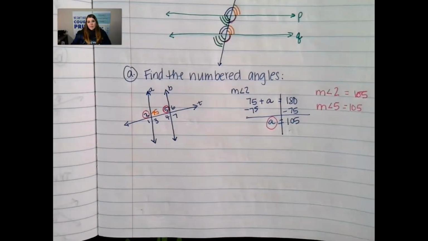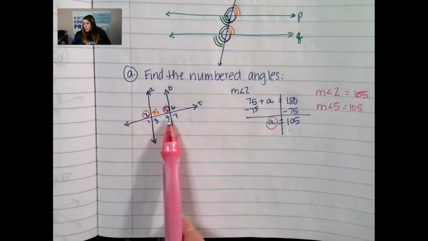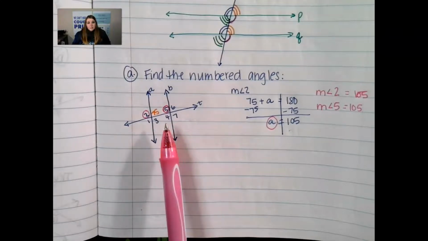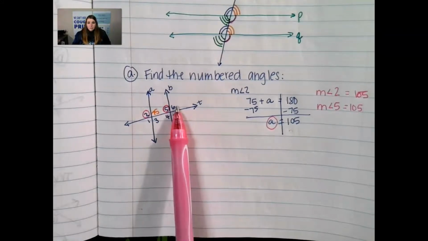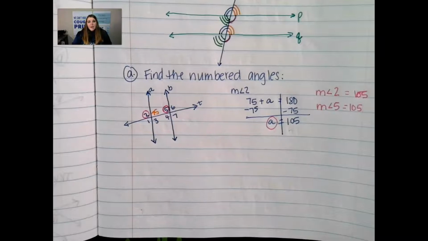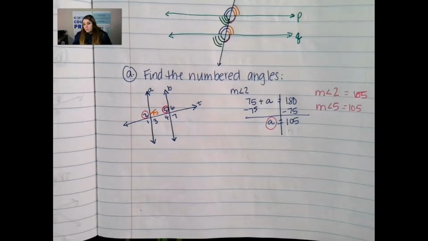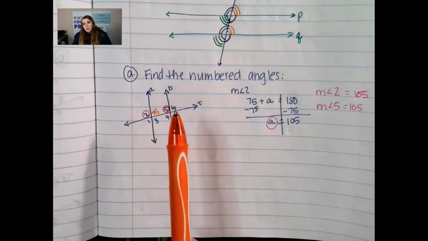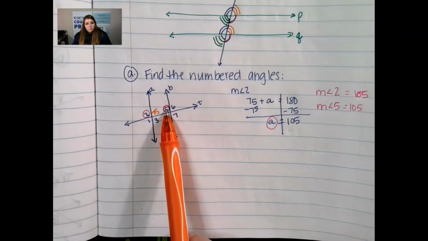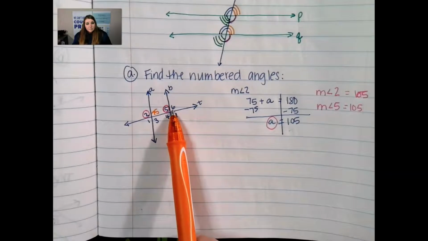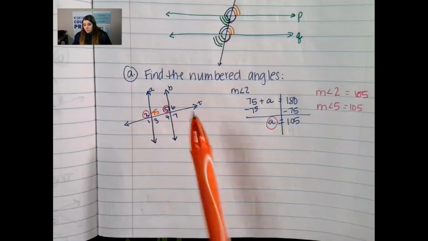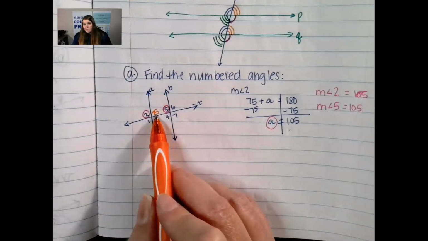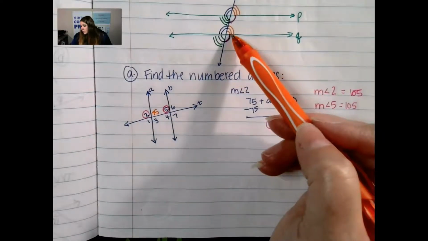So we've taken care of 2 of the angles, but we still have quite a few angles left. Let's look at this 75. Same side, same position. We know that if this 5 is 105, this has to be 75 because this was 75, right? Same side, same position.